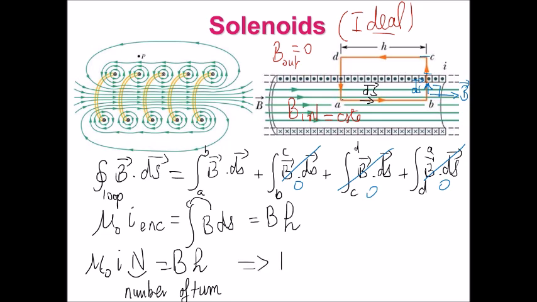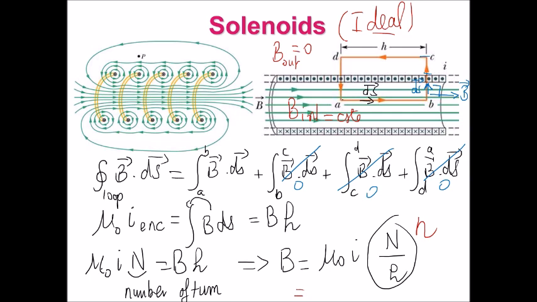So B is mu 0 I n over h, and that's what we replace with small n in the formula. That's small n, the number of turns per unit of length. So by the end of the day, mu 0 I times n. As simple as that.